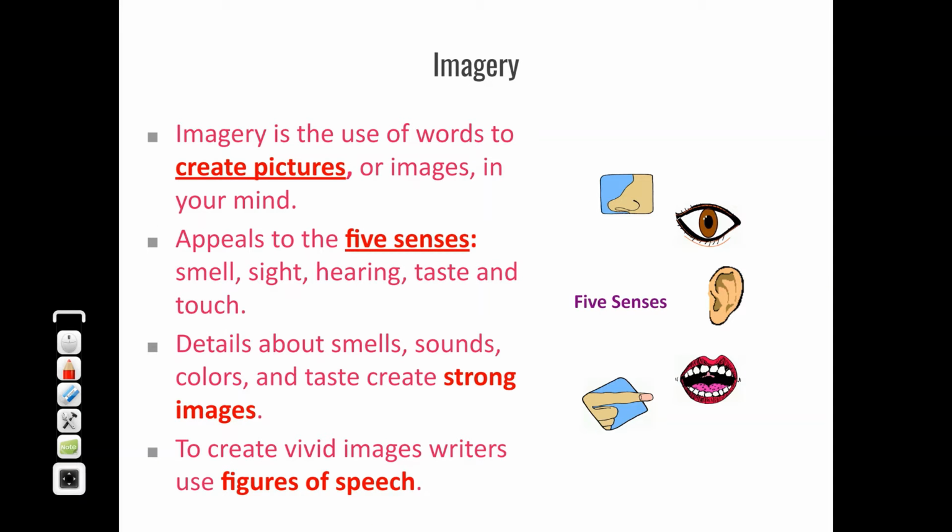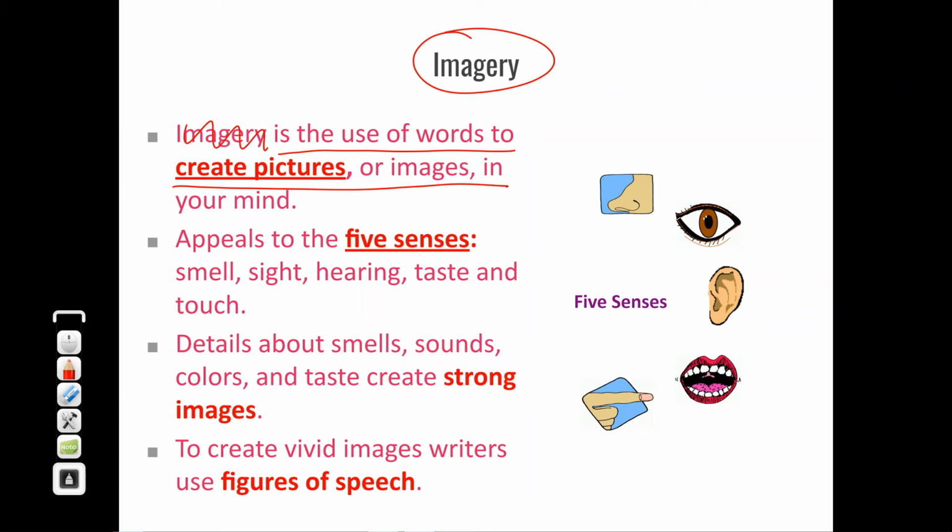Imagery. Go ahead and write this down. Imagery is the use of words to create pictures or images in your mind. Basically, when someone says something to you and they're trying to use imagery, you see what they're trying to have you see, or some variation of it.